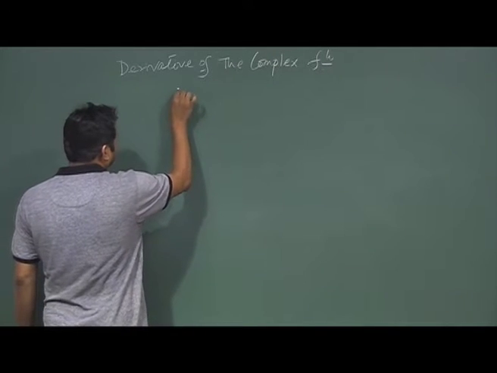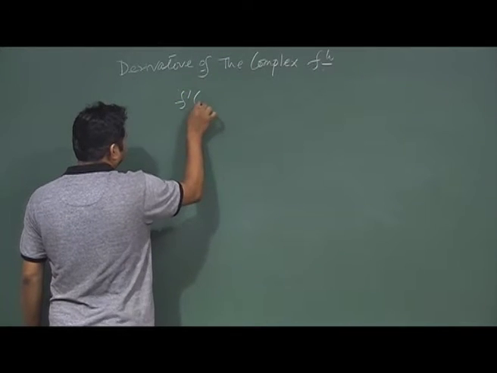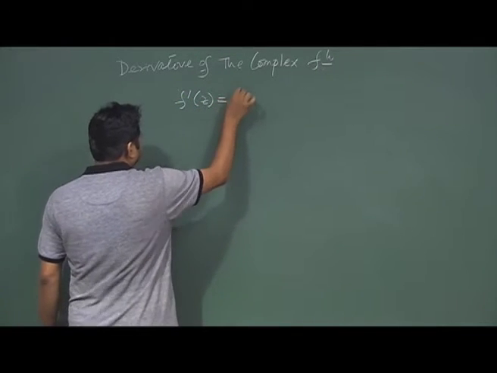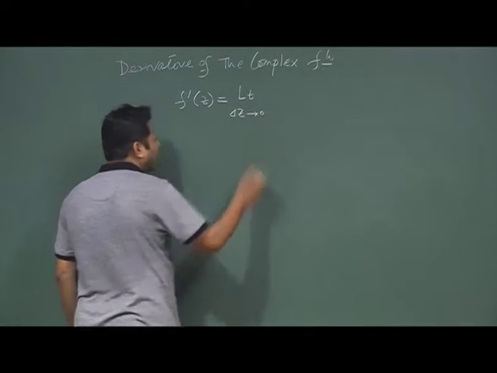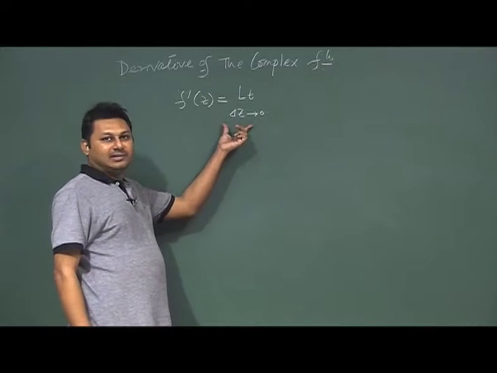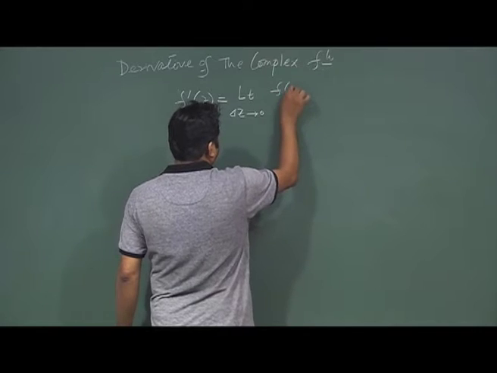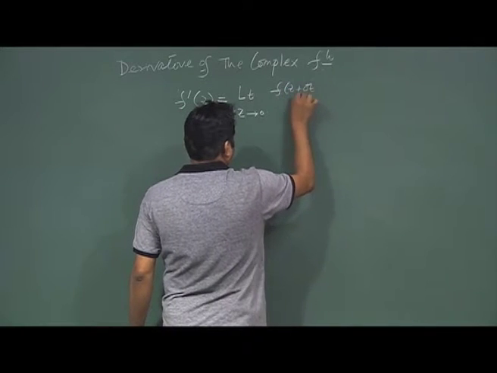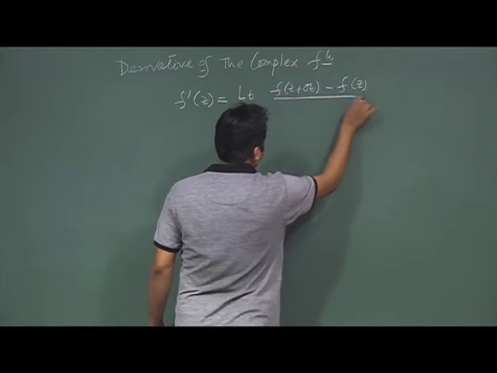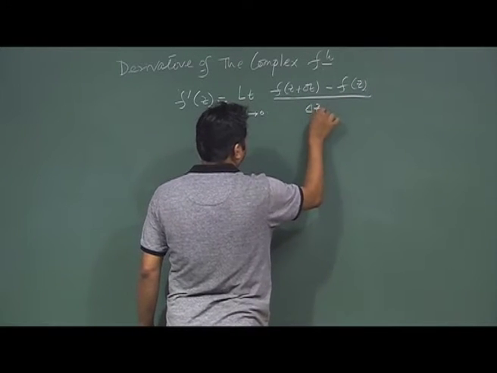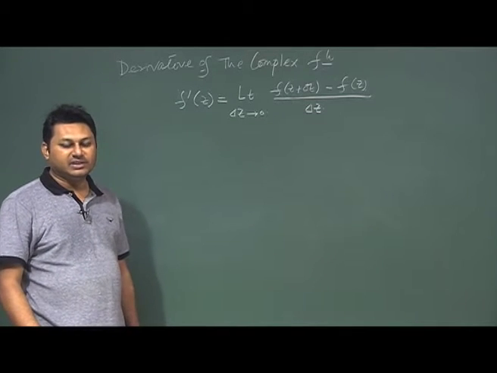What is the meaning of derivative? f prime z is essentially the same thing that we have for the real case. Delta z is a small increment, and the function f of z plus delta z minus the function f of z, divided by delta z. This is the standard definition that we have for derivative in the real case.